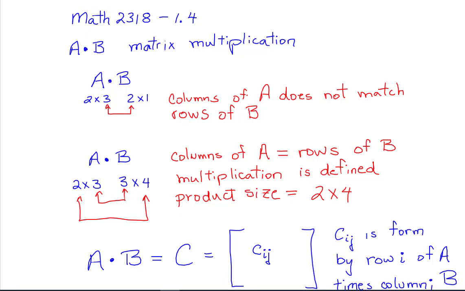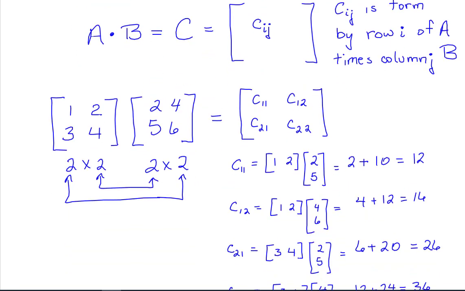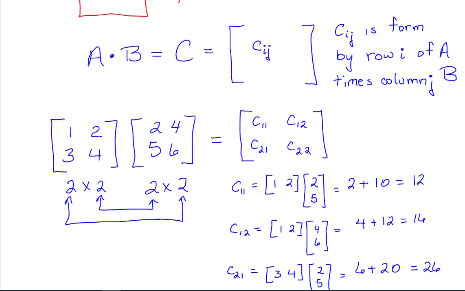Alright, so how do we find the numbers in the product? Let's say A times B is defined and I get a product C. The elements in this matrix I can write as Cij. I and J, what do these numbers mean?